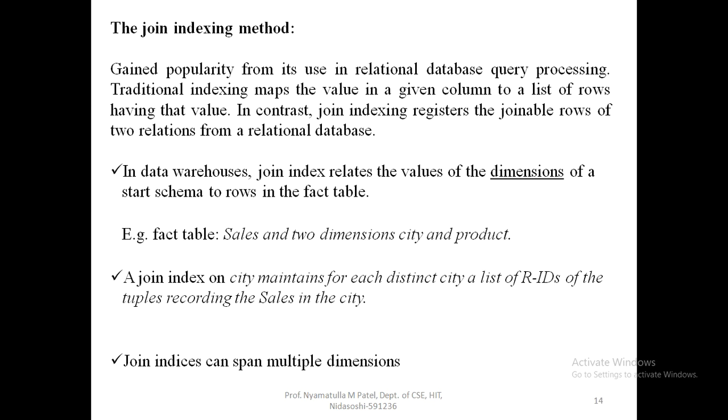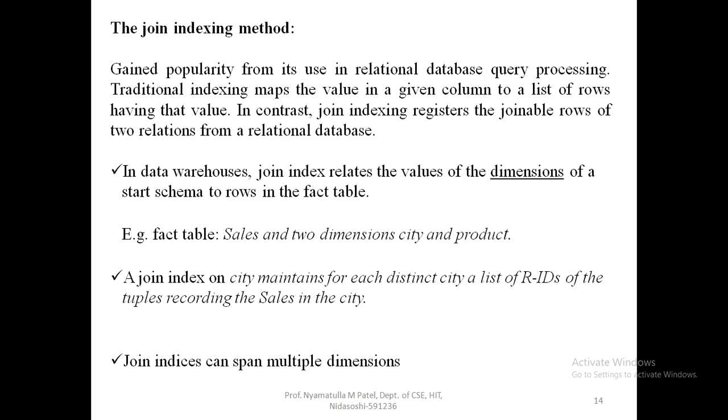A join index on city maintains, for each distinct city, a list of RIDs, that is the RIDs of the tuples recording the sales in a particular city.